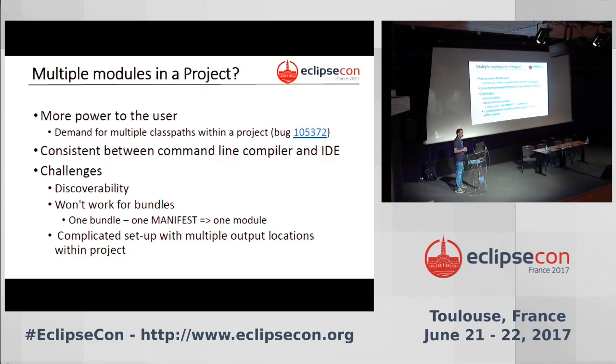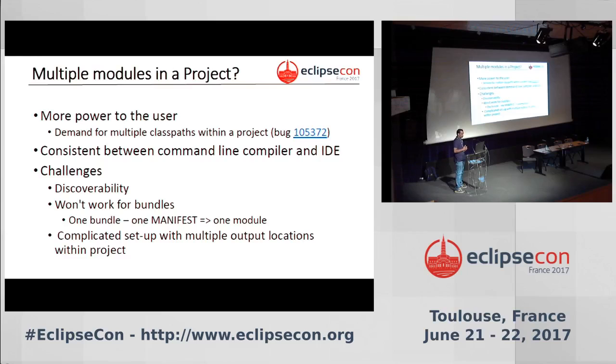If you put modules in each source folder, just imagine that you have two modules with the same name, that's going to become really difficult. Whereas if you make a project a module, Eclipse already takes care of that. You cannot have two projects with the same name in a workspace, so that's already taken care of.